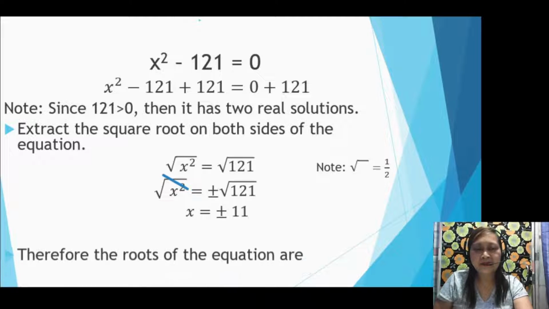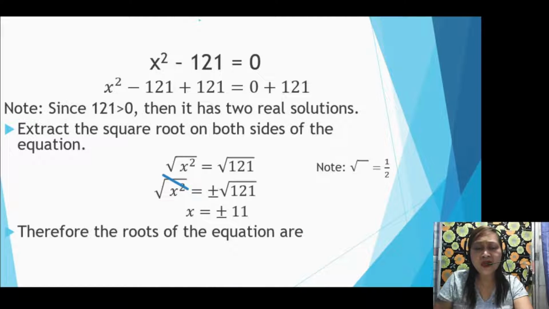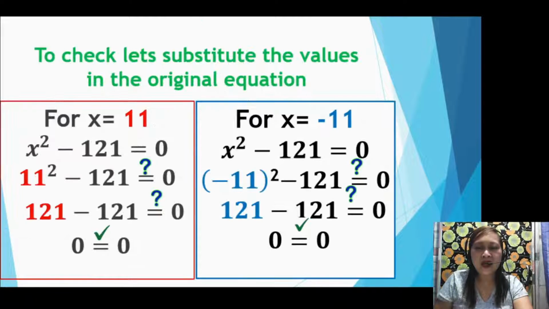So therefore, the roots of the equation are 11 and negative 11. Now let us try to check our solutions if they are correct. To check, let us substitute the values in the original equation. Let us solve for x is equal to 11. So x squared minus 121 is equal to 0.